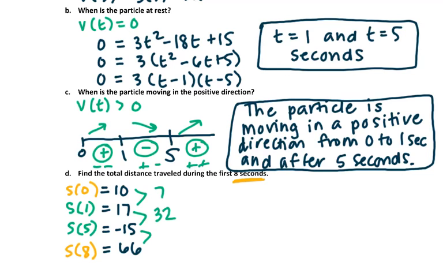So that again is a very large change, which means it went a distance of 81. And we simply add up all those distances and we'll get 7 plus 32 plus 81, which is 120.